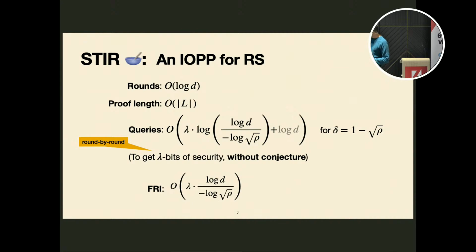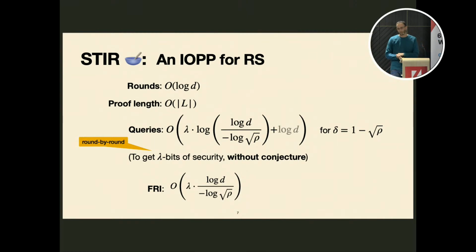If you compare the two, you see that the difference is this log that we have. So we have much fewer queries. D is the degree of the function you want to test, which is the size of the computation that you're proving.